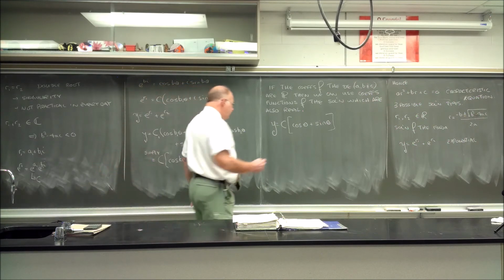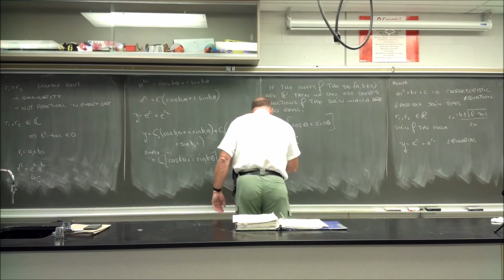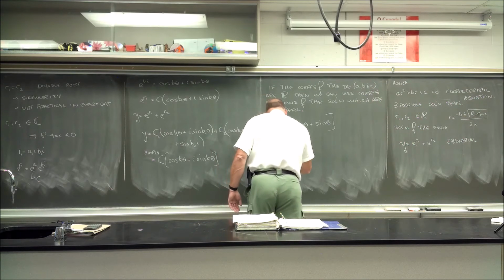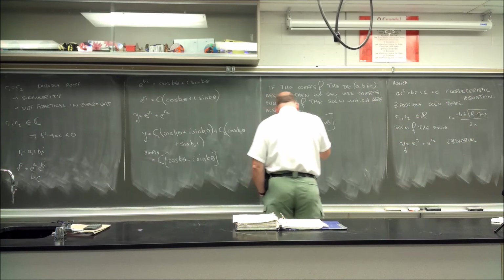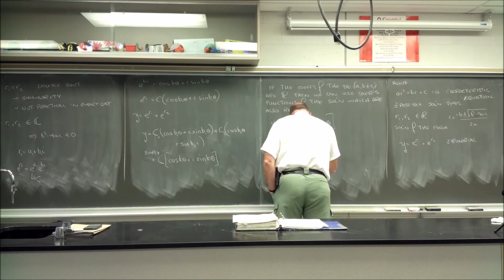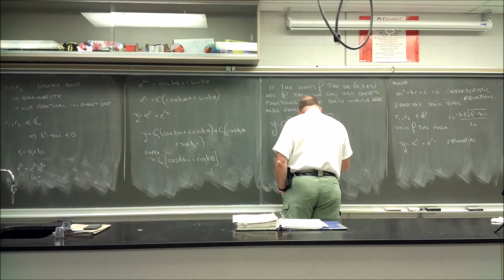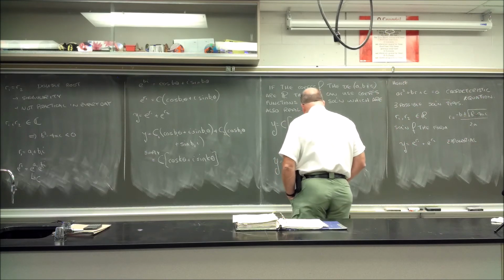But what we can say is that with a little bit of manipulation, we can show that this is equal to e to the AX times cosine of BX plus some constant, which we'll call phi for now.